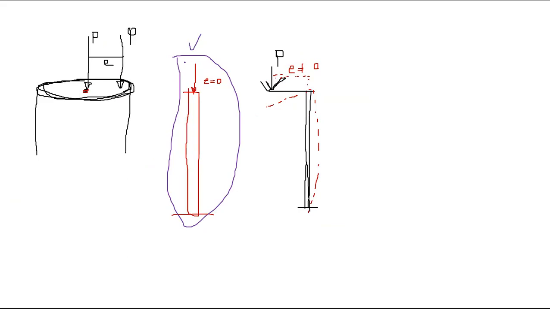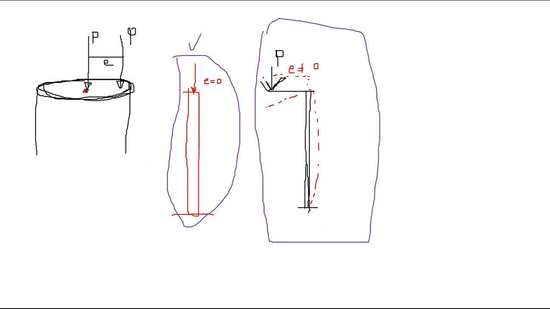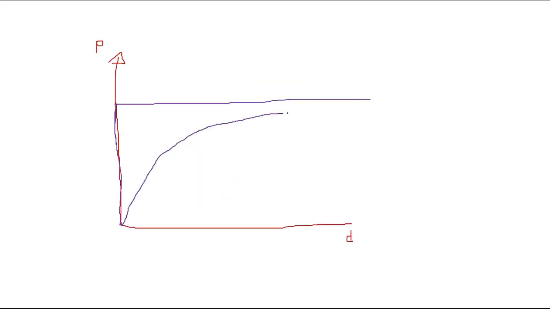In actual conditions, we always have some eccentricities. So this is for the non-zero case, and this is for e equals 0, the pre-critical case.